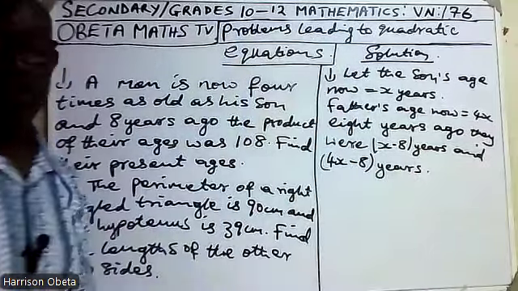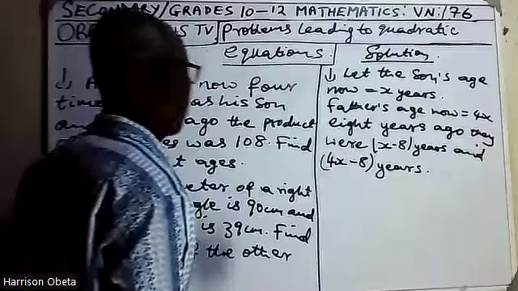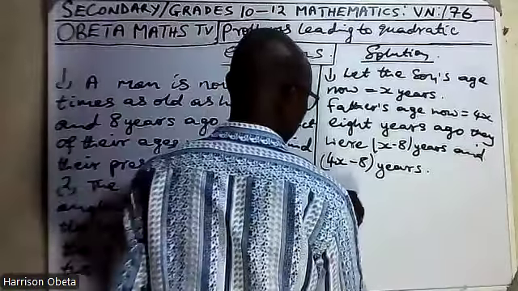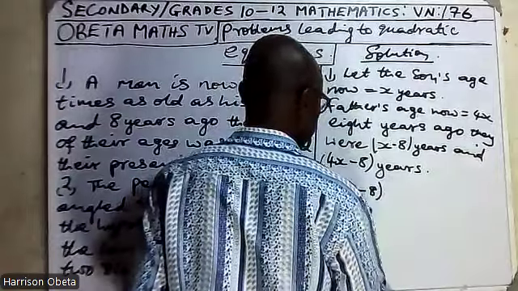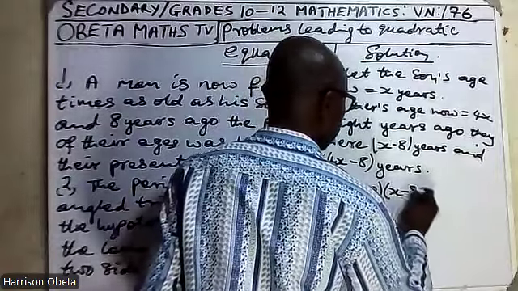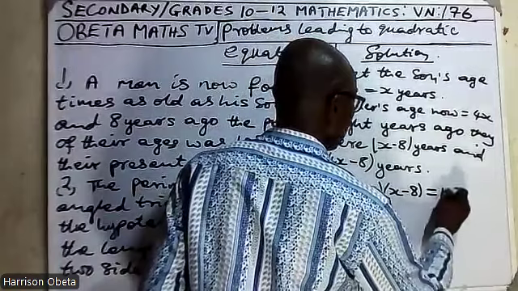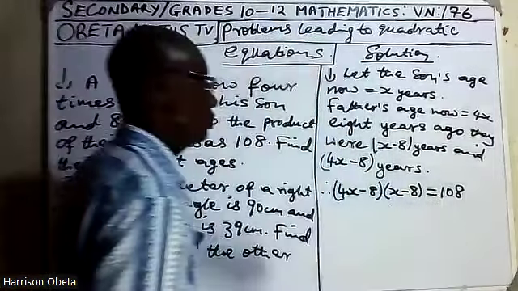But we are told that the product of their ages was 108. Therefore, 4x minus 8 into x minus 8 is equal to 108.